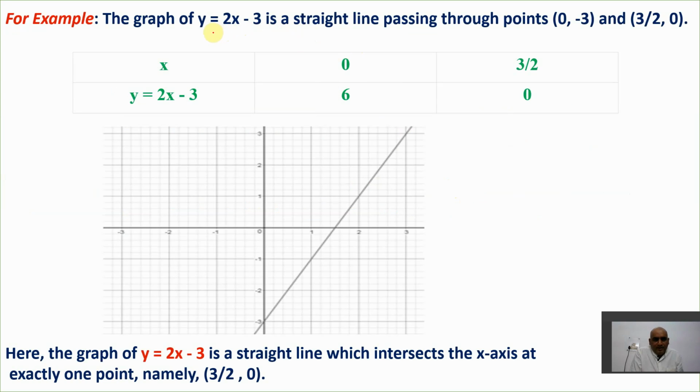Now, let's say I have taken this graph y is equal to 2x minus 3. In this equation, the highest degree is 1, right? For the variables, when the highest degree is 1, then it is called a linear polynomial.